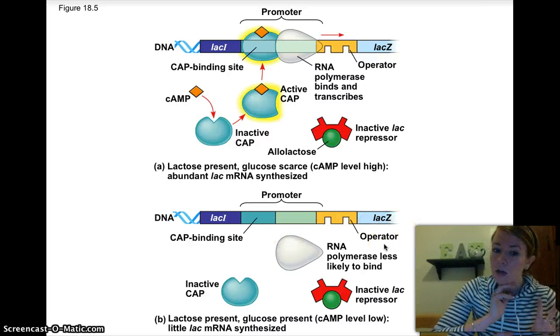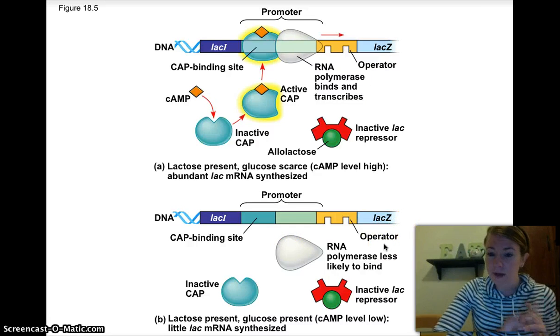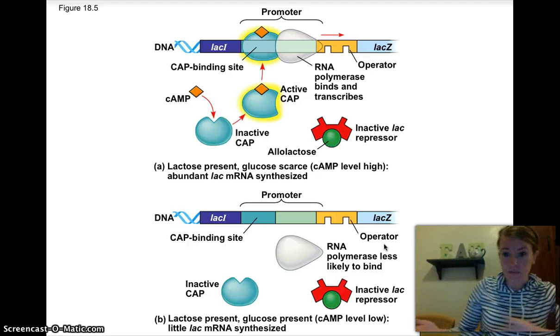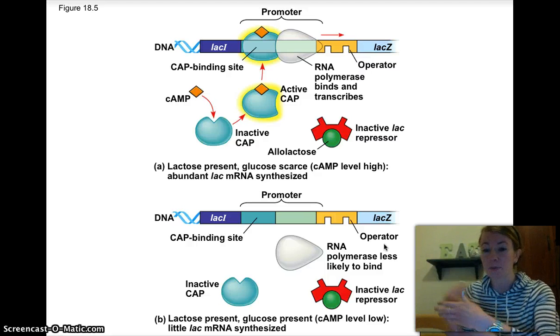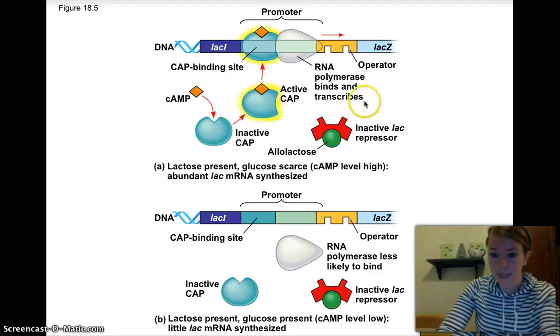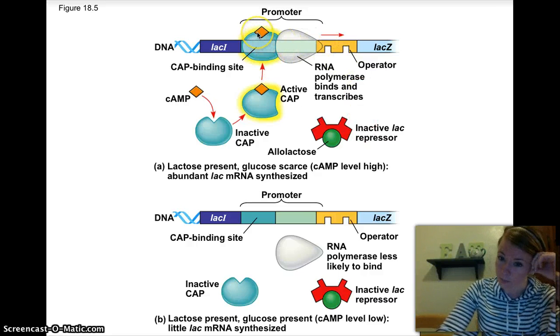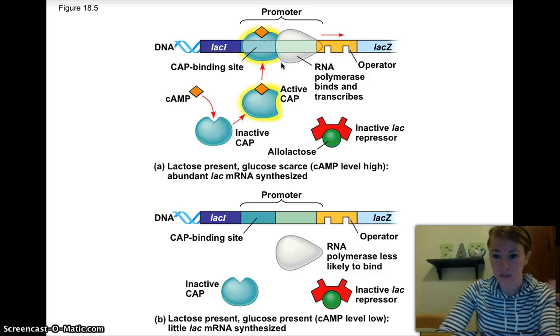So some of the Lac Operon will be made because some RNA polymerase will find its way to the promoter and it will make it, but it's not going to happen quickly like it does up here when the CAP is activated and is pulling RNA polymerase to the promoter region.